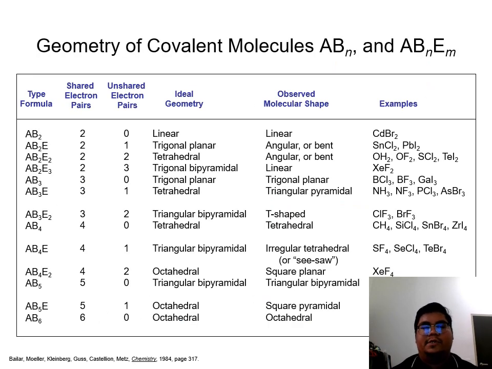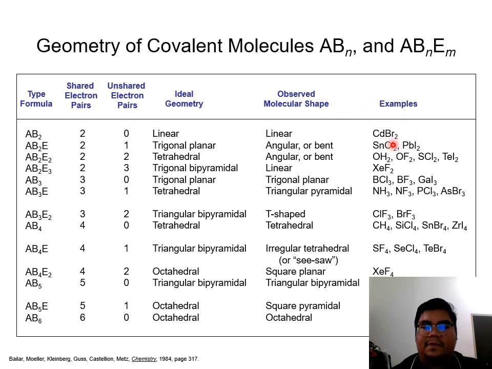So this is the geometry of covalent molecules of AB_n and AB_nE_m. Basically, when you have a chemical formula here, you can see the type of formula, and you can deduce the shape of the molecule by seeing how many electron pairs they have, how many lone pairs they have, and you see the ideal geometry and the observed shape.